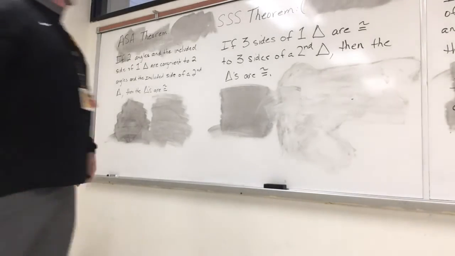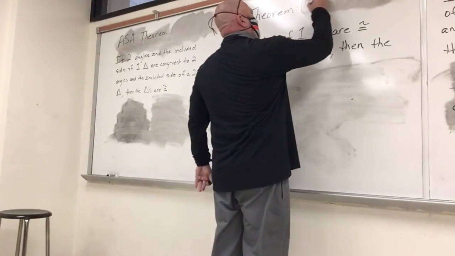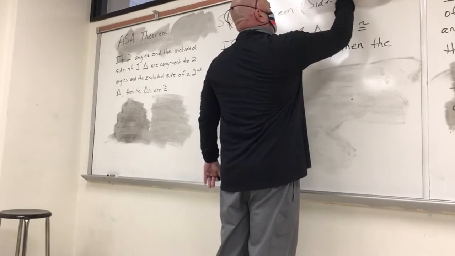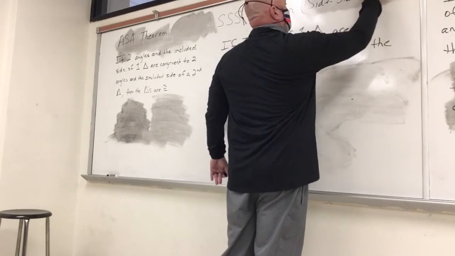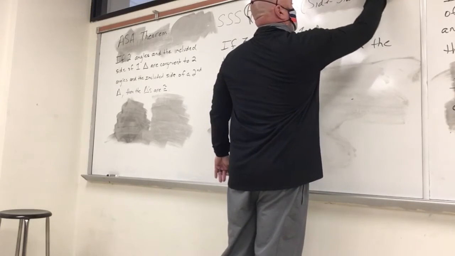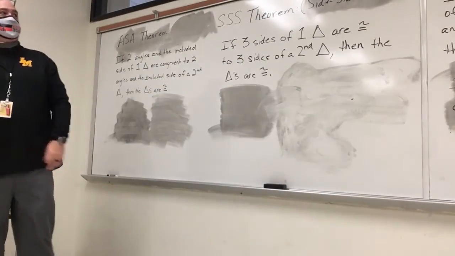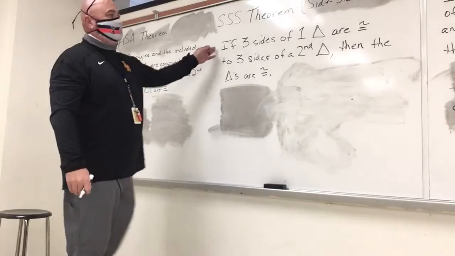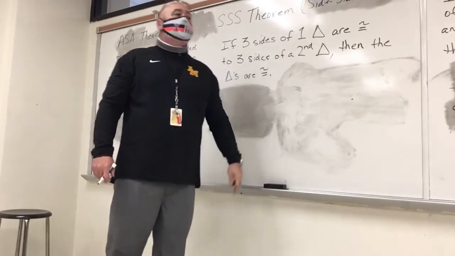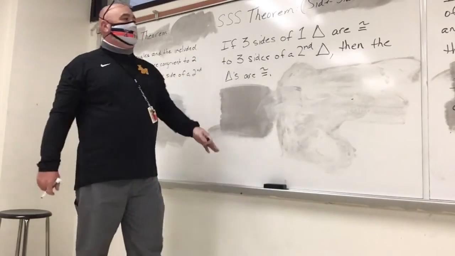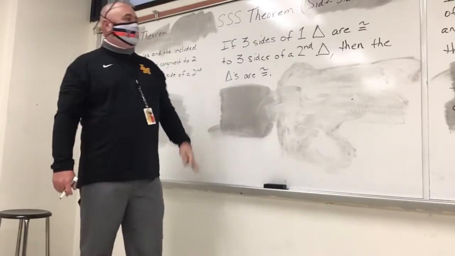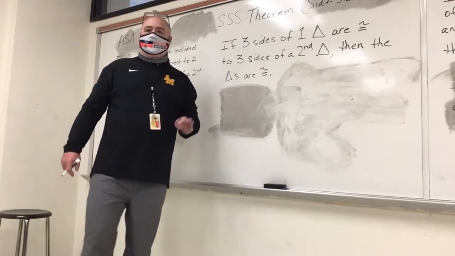Three sides. So we say side, side, side. And this is what the theorem says: if three sides of one triangle are congruent to three sides of a second triangle, then the triangles are congruent. Write that down.